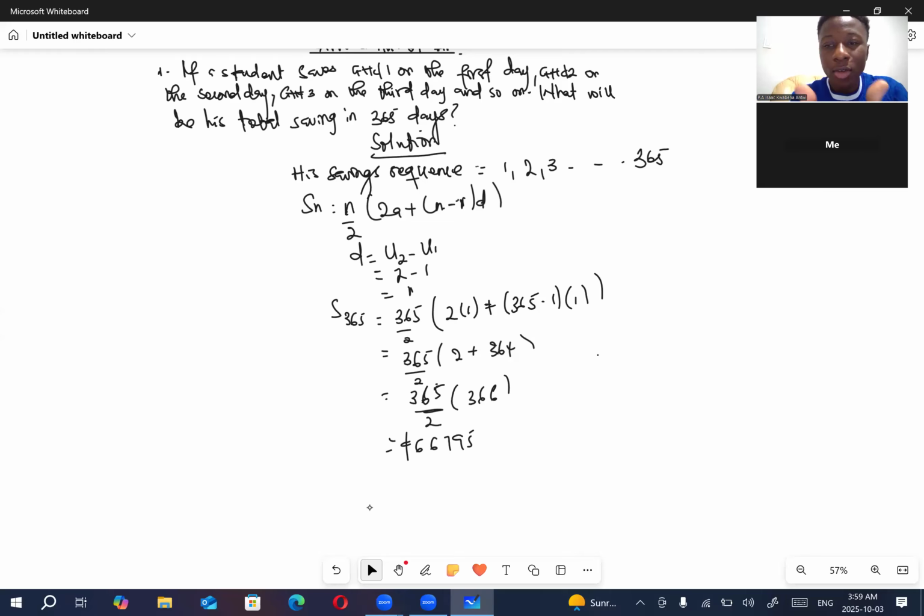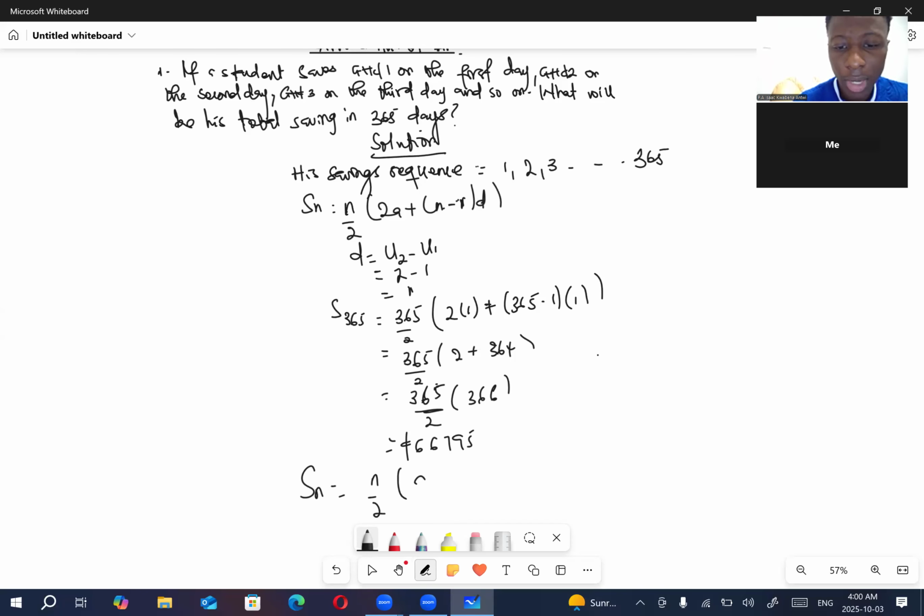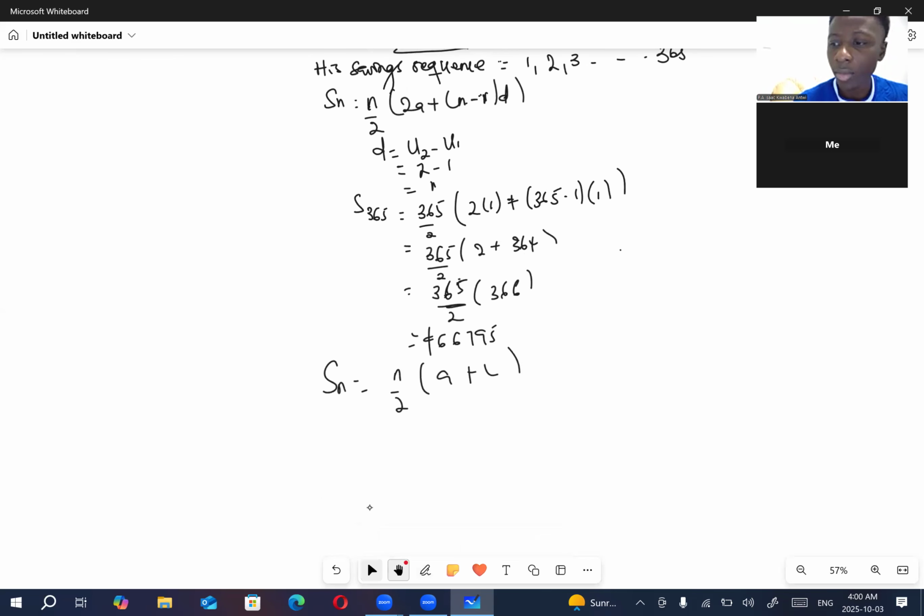So you shouldn't even think of the other formula. Sn is equal to n over 2 into bracket a plus l. Am I right with the formula? Yes, sir.